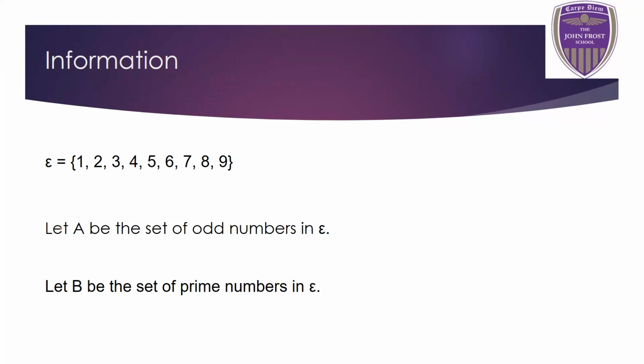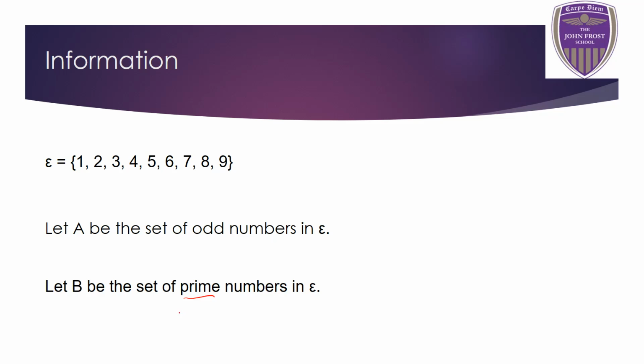That's a little bit about how we set up a set and a subset. Now, introducing some new terms, I'm going to be using the set which contains the numbers 1 to 9 for my universal set epsilon. A is going to be my set of odd numbers, so that's 1, 3, 5, 7, and 9. And B is going to be my set of prime numbers in the universal set.